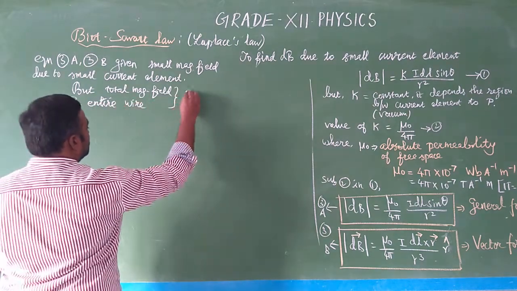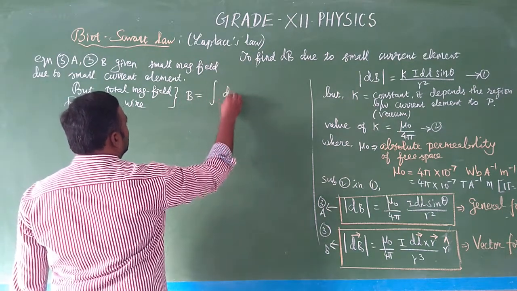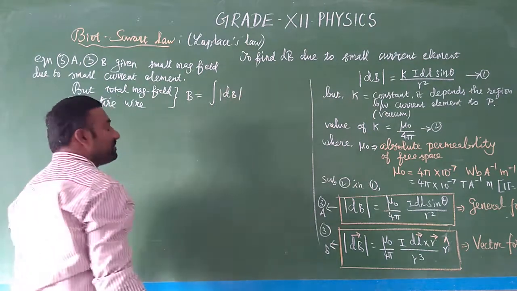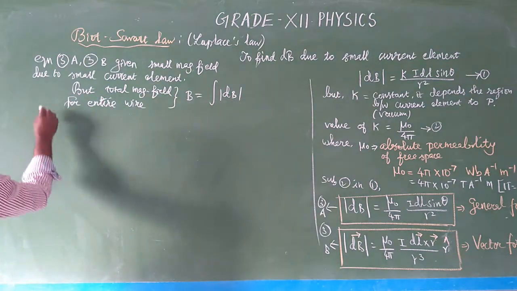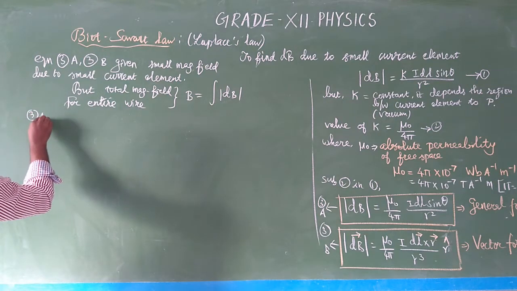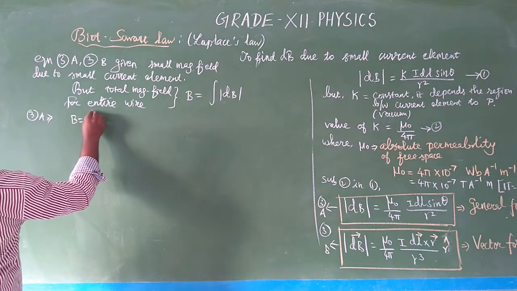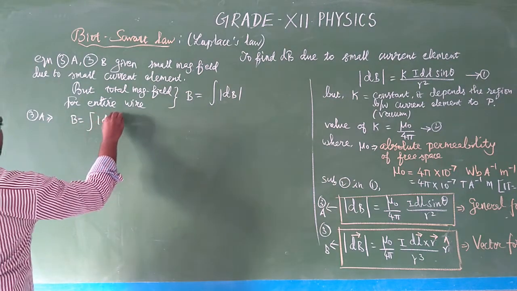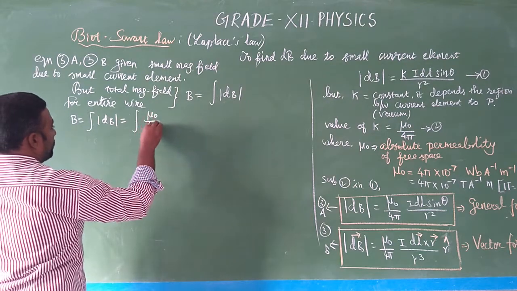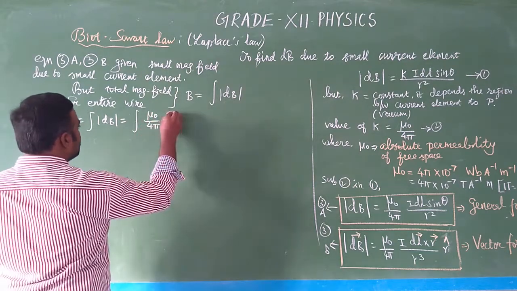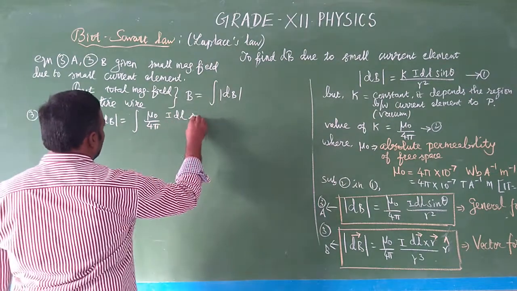So the total magnetic field for the entire wire is the integral of dB. Then how is the equation modified? 3a can be written as B equal to integration dB, which is equal to integral mu naught by 4 pi into I dl sin theta by r square.